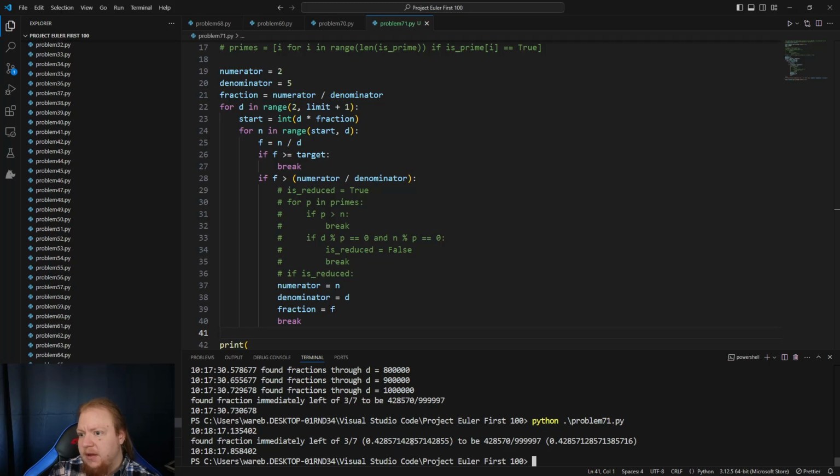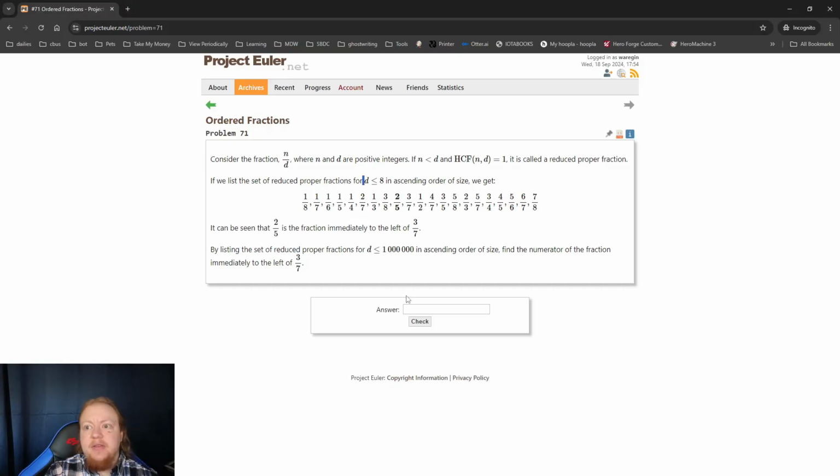And we can see these numbers are very, very close, but this one is smaller. So I just did that so I could visually double check. So let's take this 428,570 and see if it is the correct answer. I have a feeling it will be.